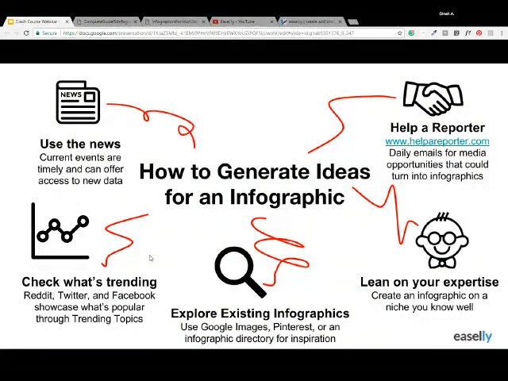The reason I do that is because some people may be coming in here not really sure what they'd like to do an infographic on, and we really can learn from everyone's ideas and brainstorming. And I know if it's a super secret topic, of course, you may not want to mention that, but feel free to just throw it out there. That would be great. Again, feel free to do that in the chat window.